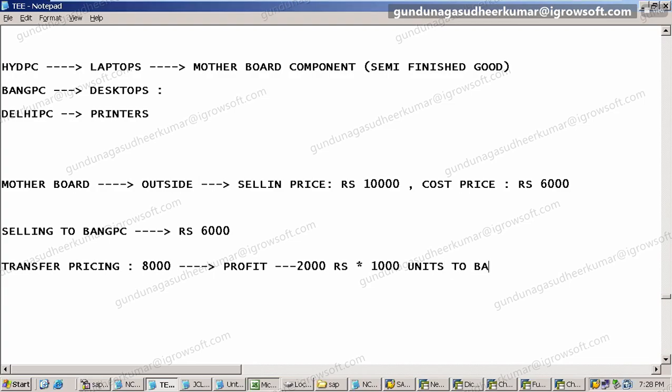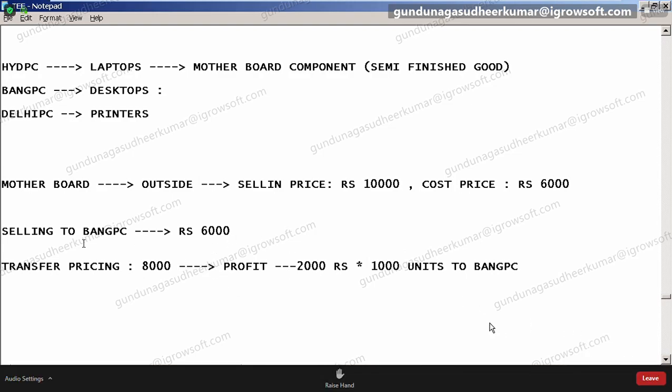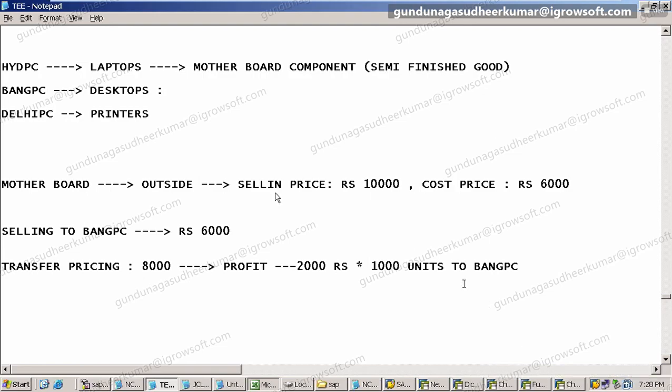Bangalore. Now, is this really profit? Our own people, you are earning the profit, right? Within the company, can you call it a profit? No, sir. Bangalore is a branch. So when you are calculating the profit of Bangalore, or the profit of Hyderabad, we cannot take this profit into consideration, correct?